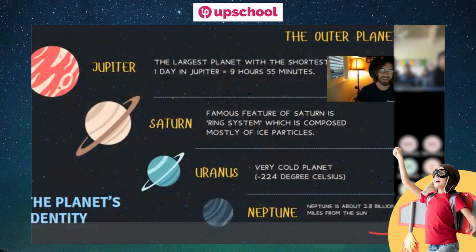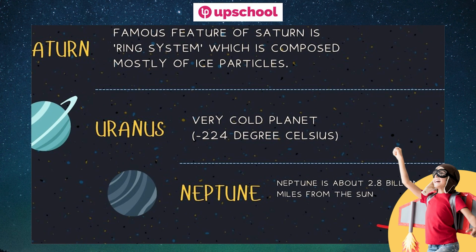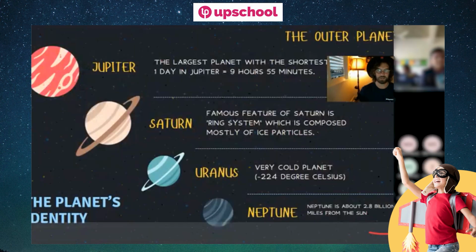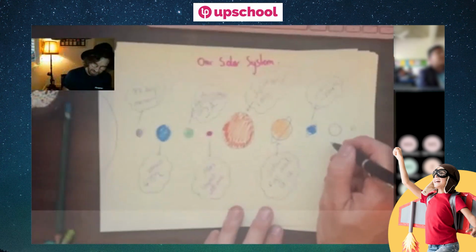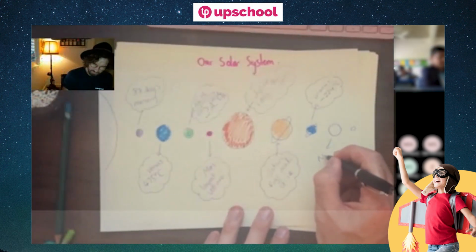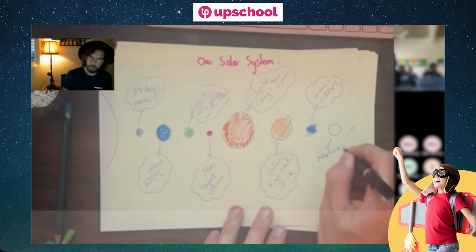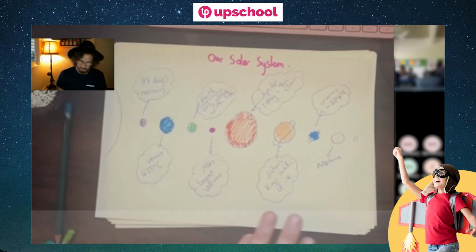Next planet we're looking at is Neptune, the very last planet in our diagram. Now, here we go. This is very exciting. And hello, the children from Rise. I can see you. Nice to see you, everybody. Neptune. Well, Neptune is 2.8 billion miles away from the sun. Let me write that down. Neptune, and remember, you need to be writing this down too.